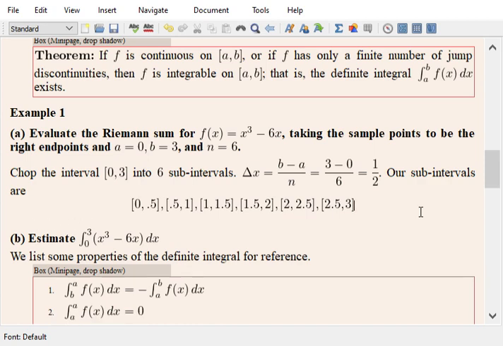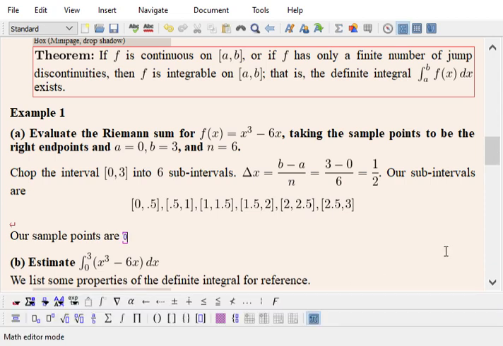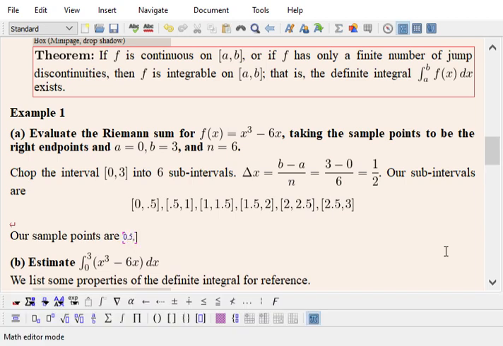So our sample points are the right endpoints. So 0.5, 1, 1.5, 2, 2.5, and 3.